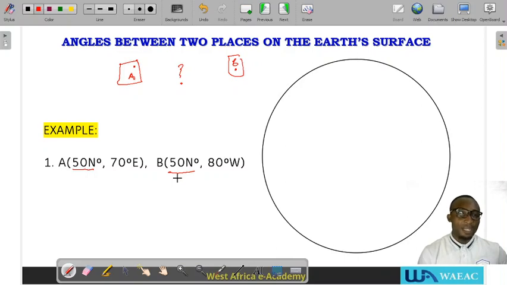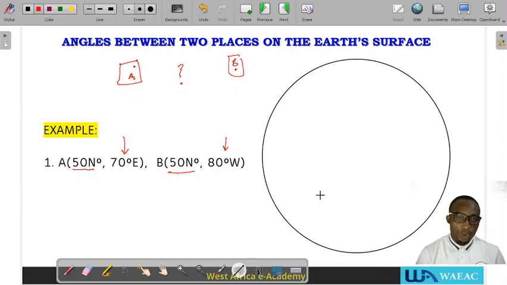There's a reason for that. And if you look at this, I have 70 degrees east and 80 degrees west. So we are going to talk about that. Please take note of that, because that is what will help you to understand the angular difference, that is the angles between two places on the earth's surface.